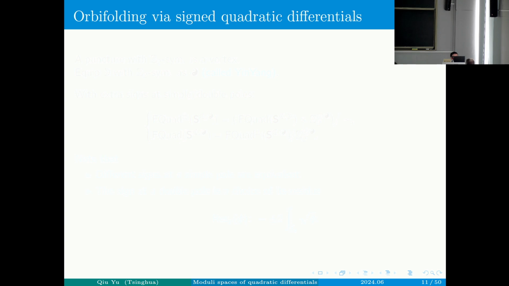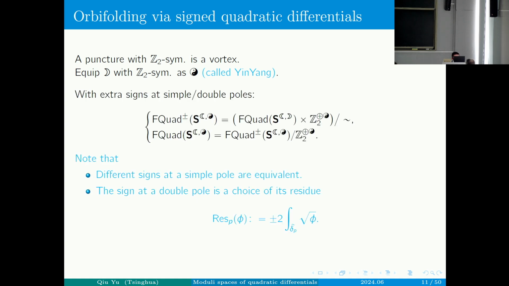And we want to do one more weird thing, which is that for the puncture in this right moon, we want to give it Z2 symmetry, which I call yin-yang. This is the Chinese terminology for Z2 symmetry thousands of years ago. The idea behind this is that we're actually choosing a residue at a double pole.